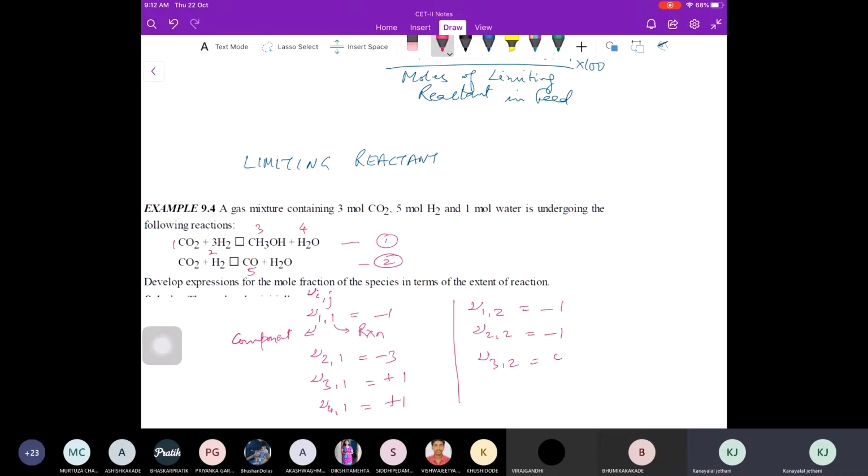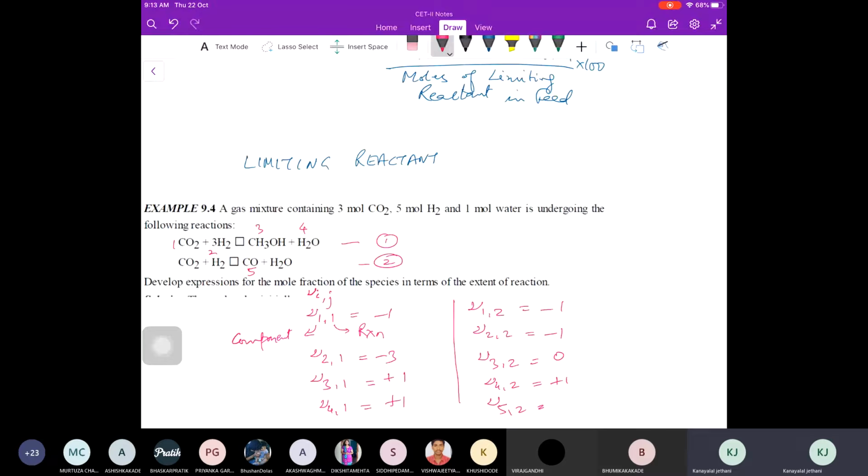It can be 0 because we're talking about two reactions simultaneously, so it can be 0. Nu 4 in the second reaction? H2O, isn't it being formed in the second reaction? Okay, +1, sorry. +1. Now we have nu 5 in the second reaction.